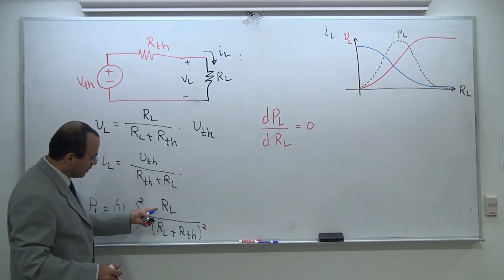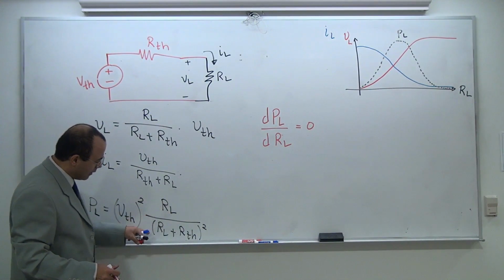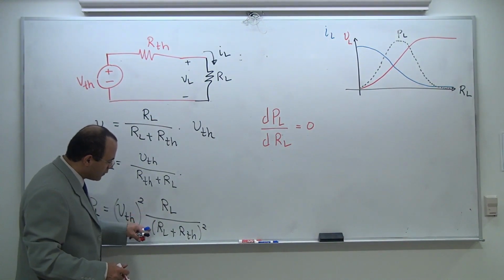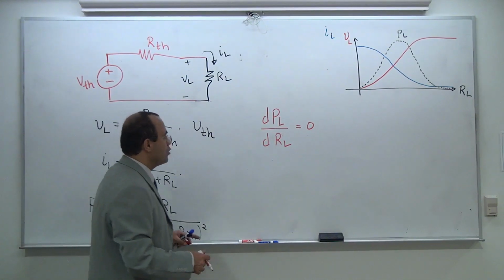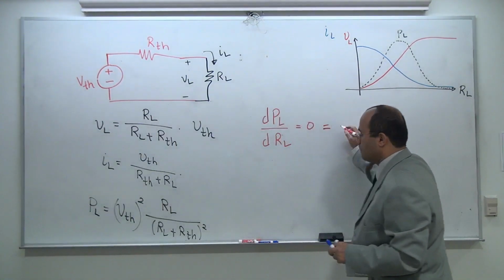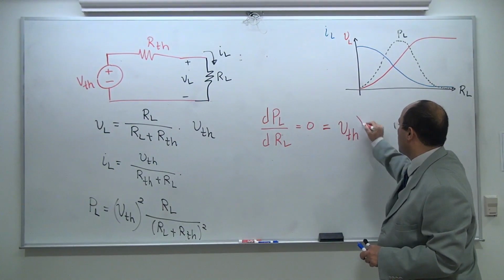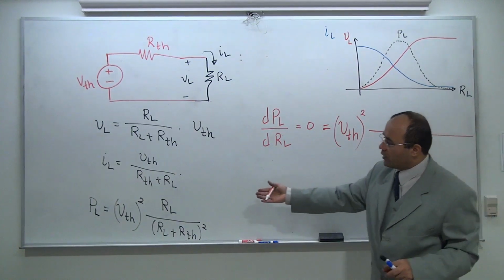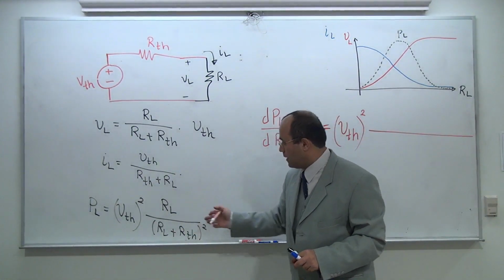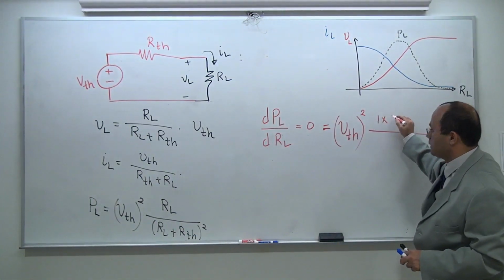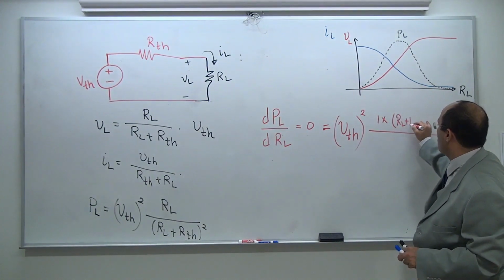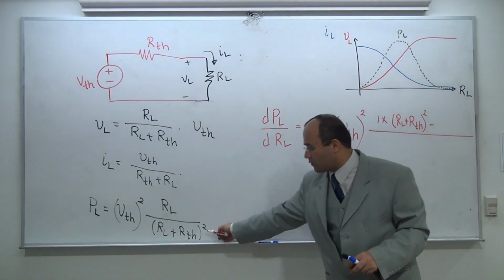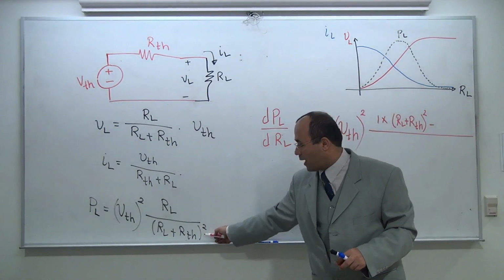So take a look at this. Derivative of the numerator times the denominator minus derivative of the denominator times the numerator. This is a constant, a scalar, it's coming down. Derivative of this in respect to RL gives me 1 times RL plus R Thevenin to the power of 2, minus derivative of this in respect to RL.